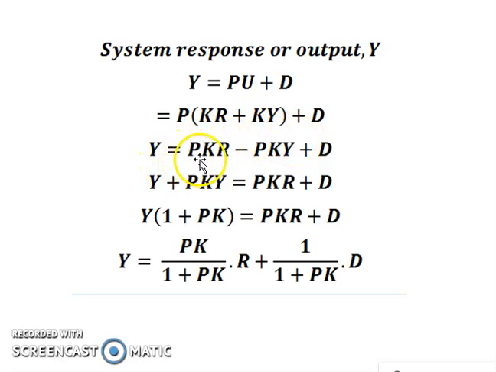Y is equal to PKR minus PKY plus D. Then simple algebra is carried out, and we obtain Y equals PK over 1 plus PK multiplied by R, the reference input, plus 1 over 1 plus PK multiplied by D, the disturbance.